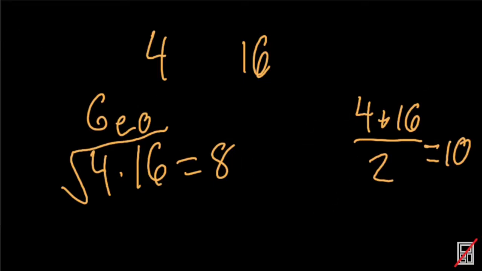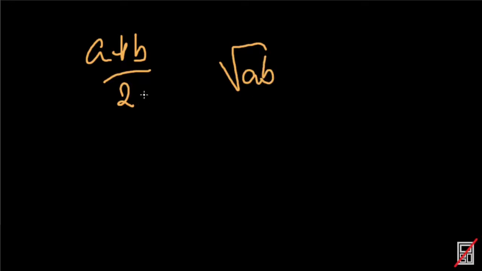Now, why is this the case? Well, suppose we have a plus b over 2, and we're considering root ab. Now, if we subtract them, we want to show that this is bigger than 0, because that would show that this number is bigger than this one.